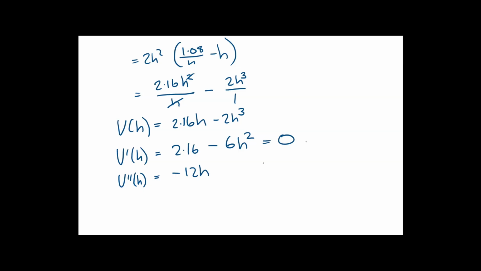Okay, but solving this one. So minus 6h squared equals 2.16. So therefore h squared equals 2.16 divided by negative 6.